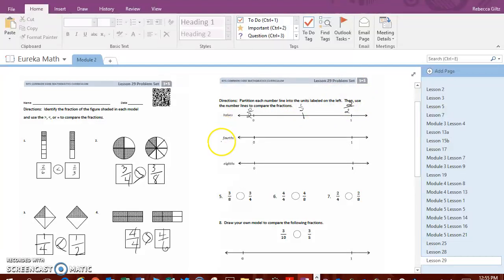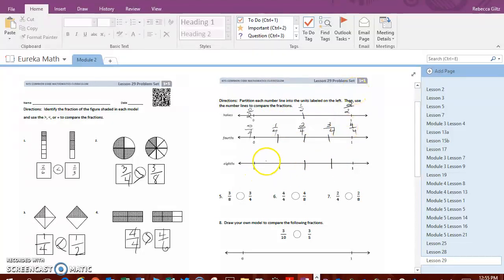Okay, next one, fourths. That means I'm going to break it in half, and then I'm going to break each of those in half. So I've got 0/4, 1/4, 2/4, 3/4, and 4/4. And then my last one is 1/8. So I'm going to divide it in half. Divide each of those in half. So I'm using these lines above as kind of my guide.